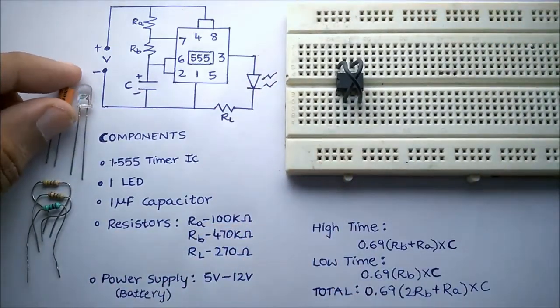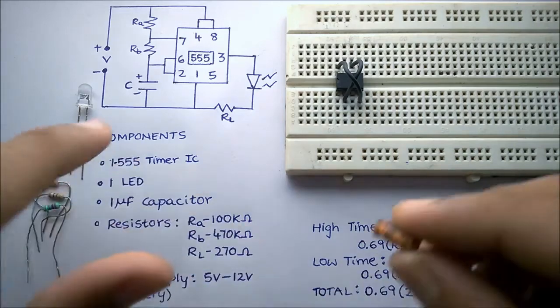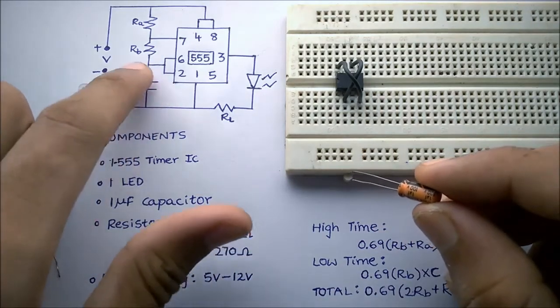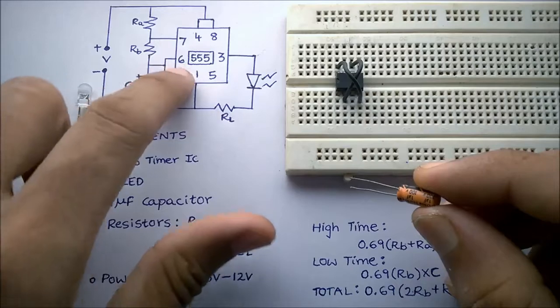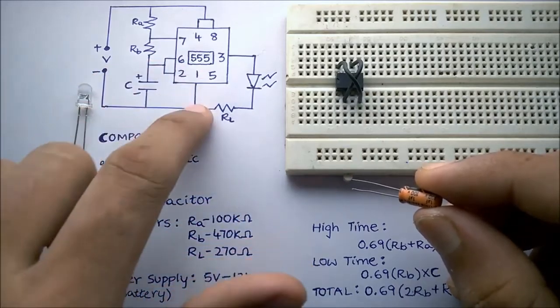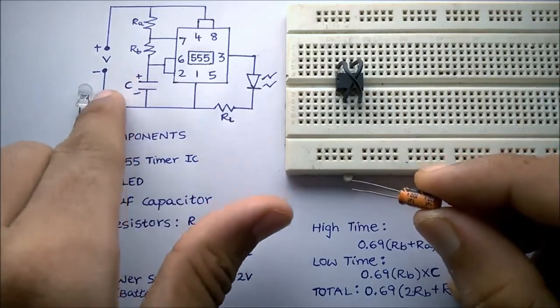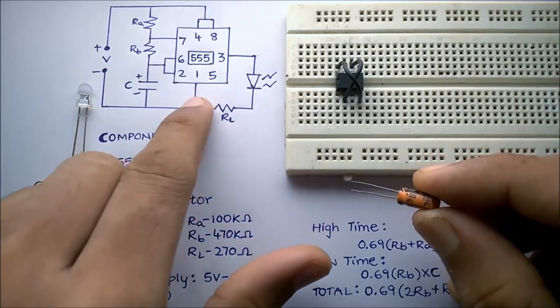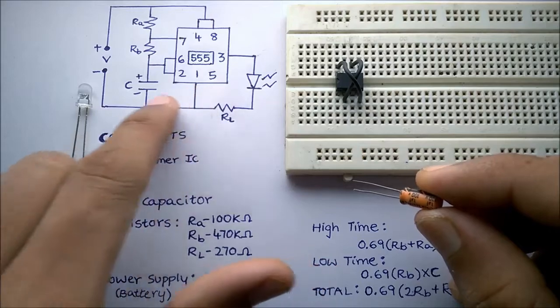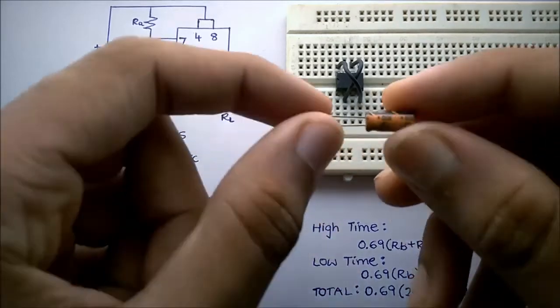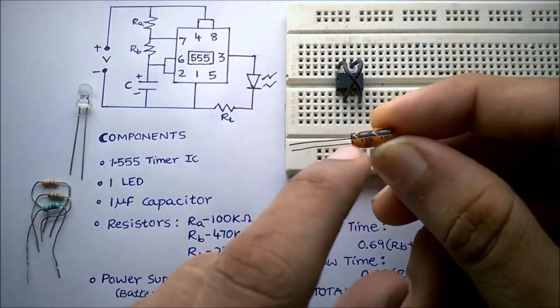Now we will connect the capacitor. The capacitor has to be connected between pins 2 or 6 and 1, which goes to the ground. So the ground is connected to pin 1 and the negative of the capacitor.